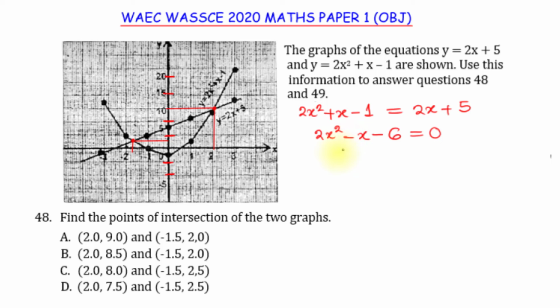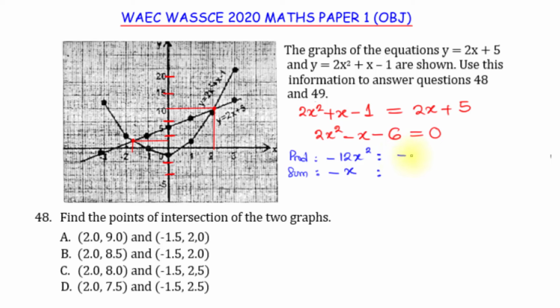Now, looking at this, I'm having this particular quadratic equation that I can try and solve with whatever means I find suitable. Looking at this, I'm having a product that is 2 and minus 6. That is, the product is minus 12x squared, and the sum will have to be minus x. Now trying to solve that, what two numbers can I multiply together to give me minus 12x squared?